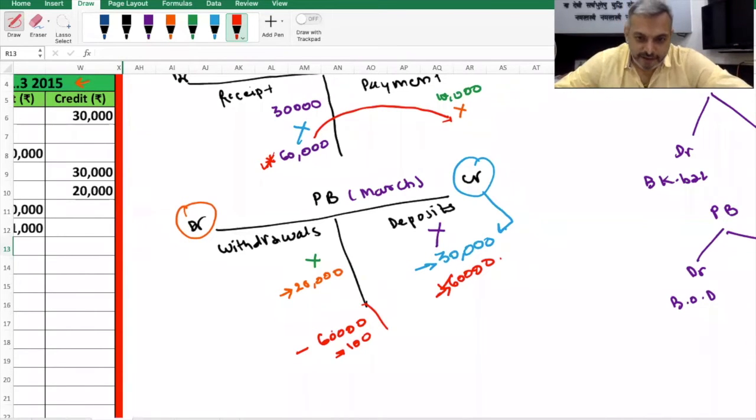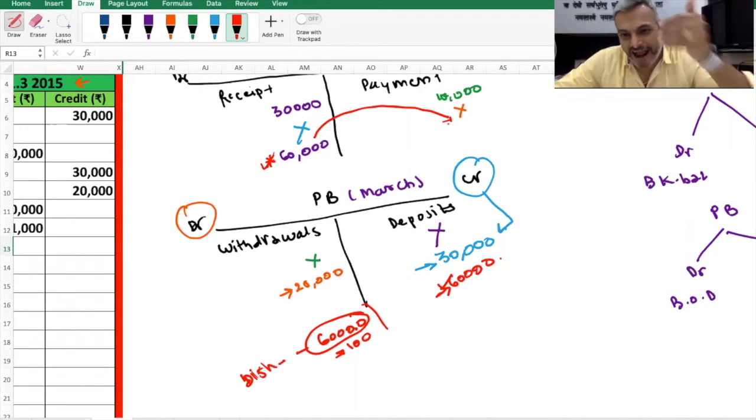But then again the 60,000 is recorded because the check got dishonored. So this 60,000 is debited in passbook but not credited in cash book. When a check is dishonored, it will be recorded on both sides, first credit and then debit. It is a proof that this check got dishonored by the bank.